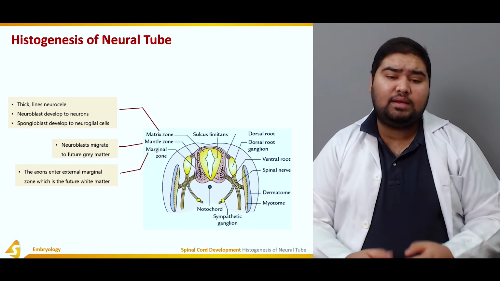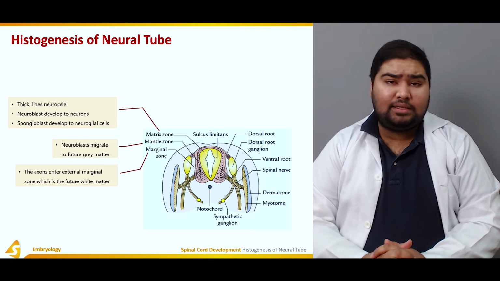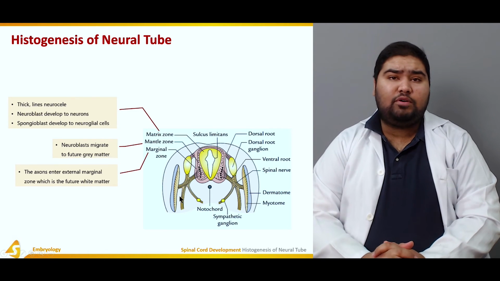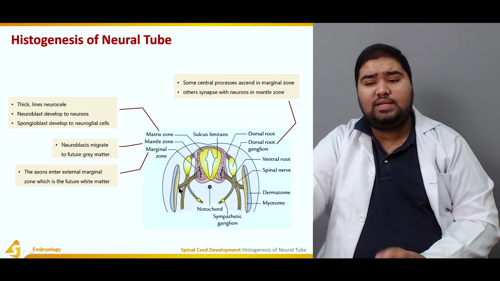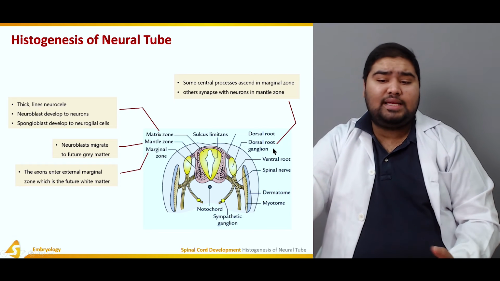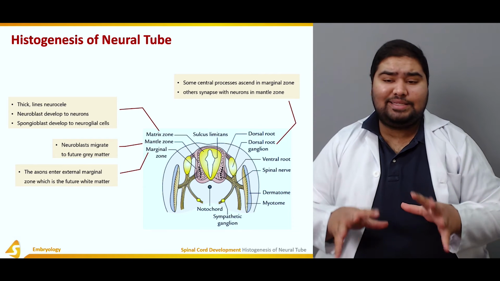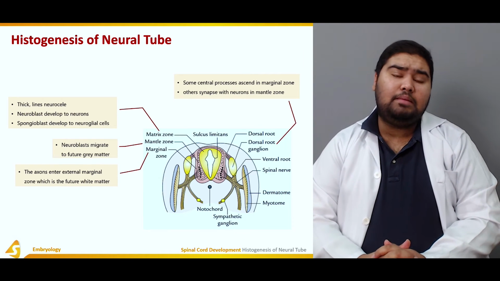Gray matter contains the cell bodies and is formed of the mantle zone, while white matter contains the axons and is made up of the marginal zone. Now there are some central processes that ascend in the marginal zone. Central processes of the dorsal root ganglion ascend in the marginal zone, and others synapse with the neurons in the mantle zone.